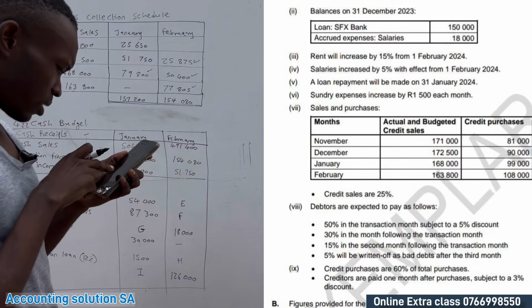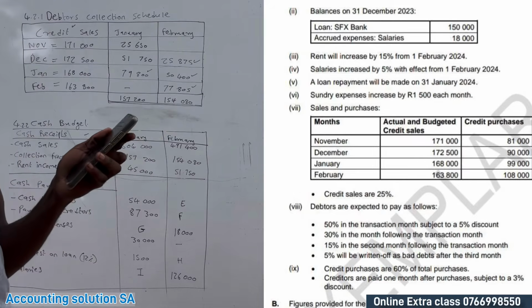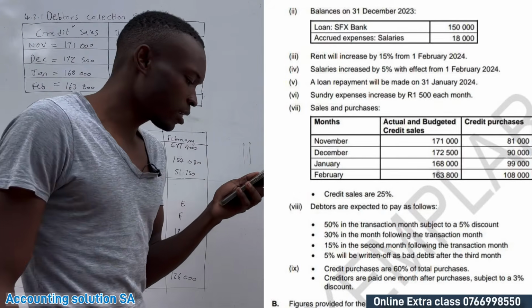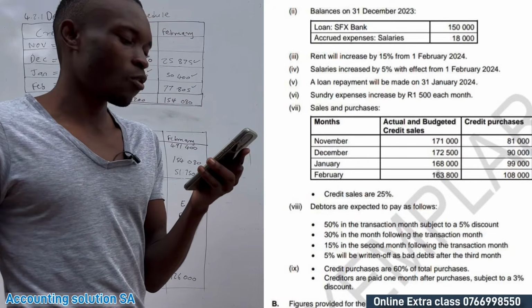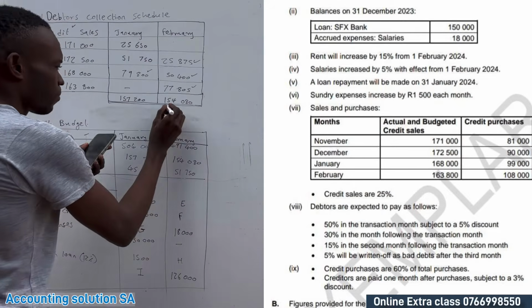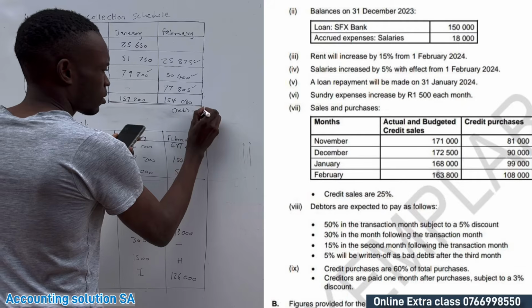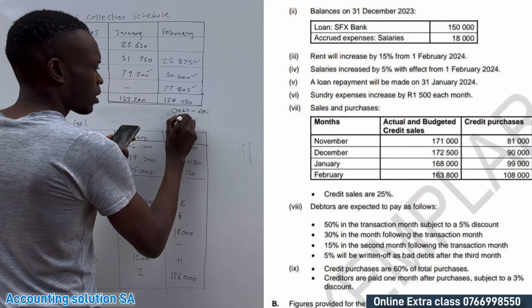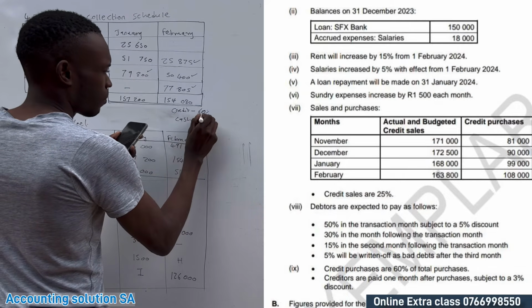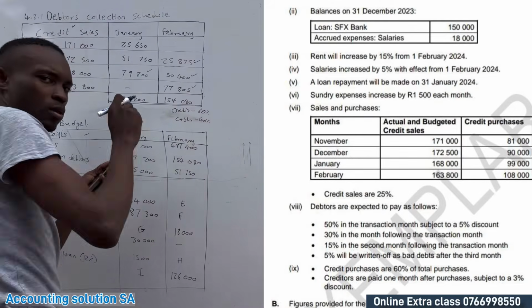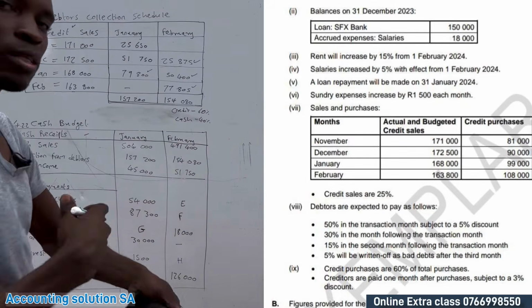Where is it? This last Roman figure: the credit purchases are 60% of total purchases. In other words, credit is 60%, which means cash is 40%. It's similar to the one that we were doing, just that this one is purchases.